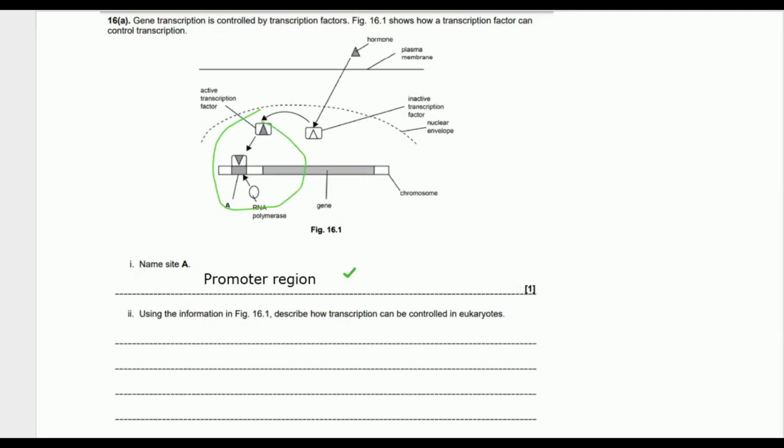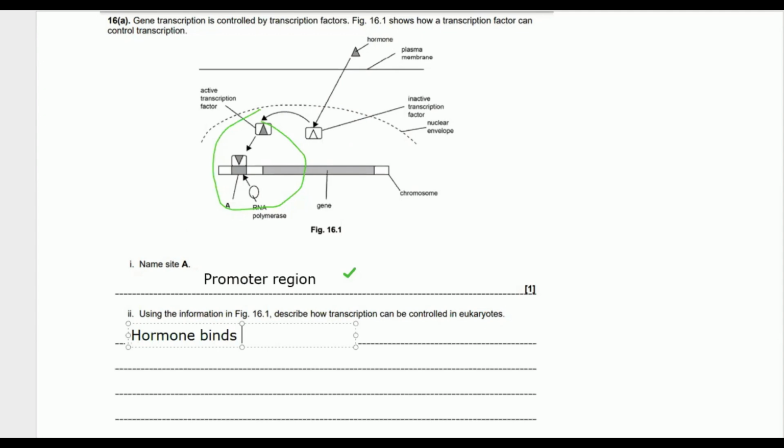Okay, using the information in figure 16.1, describe how transcription can be controlled in eukaryotes. So we've literally just got to describe what is happening here. So we can say, just describe what's in the diagram.